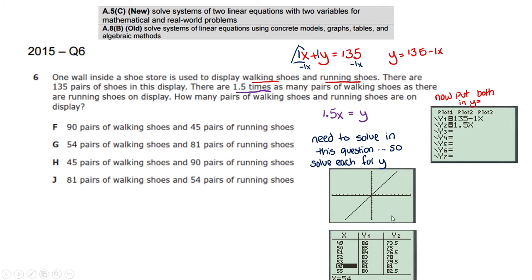So I'm going to look at the table to figure out when my y1 and y2 match, which is right here at x is 54, and so that would mean my walking shoes is 54 and my running shoes is 81. So that would be G in this case.